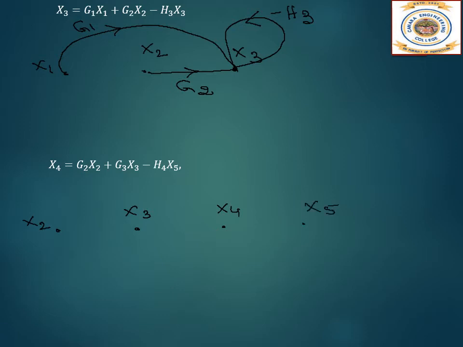For g2 x2, again it comes from here, so this is g2, then g3 x3, so this is g3, then minus h4 x5, so minus h4 x5. So we have written the signal flow graph for equation 3.